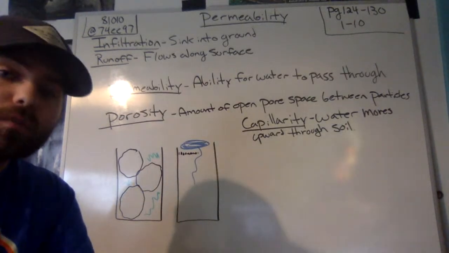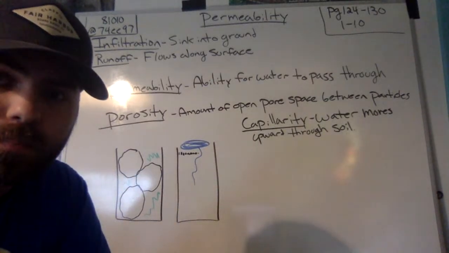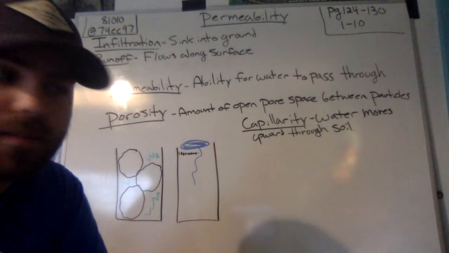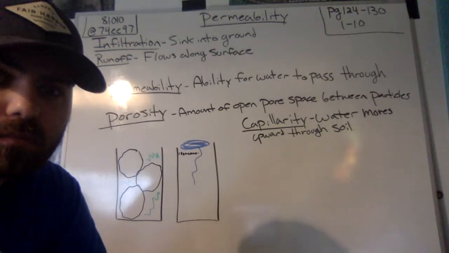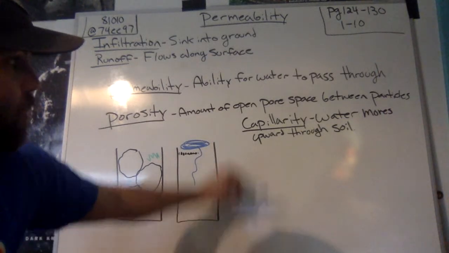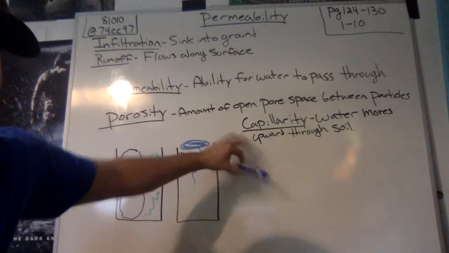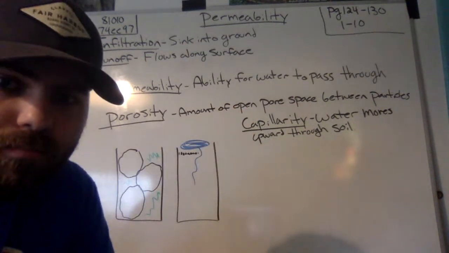It's going up into the roots, and then eventually that water's traveling up to the leaves at the top, okay? And then eventually it passes back into the atmosphere through transpiration, which we learned about during the water cycle, okay?